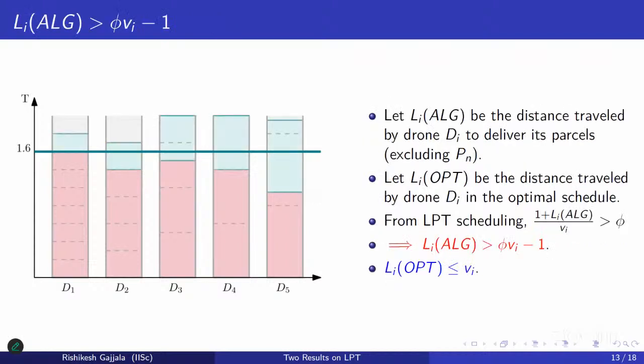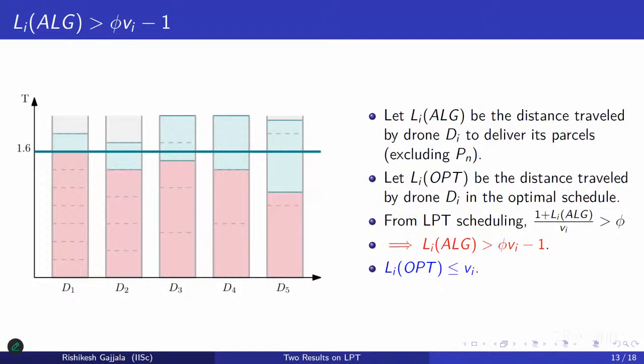So using the structure of the minimal counterexample and the simple scaling, let's look at two small observations. First, let's say the total load of drone i for the algorithm, excluding the last parcel, is L_i^ALG. I want to say that this L_i^ALG is reasonably big. How do I do that?